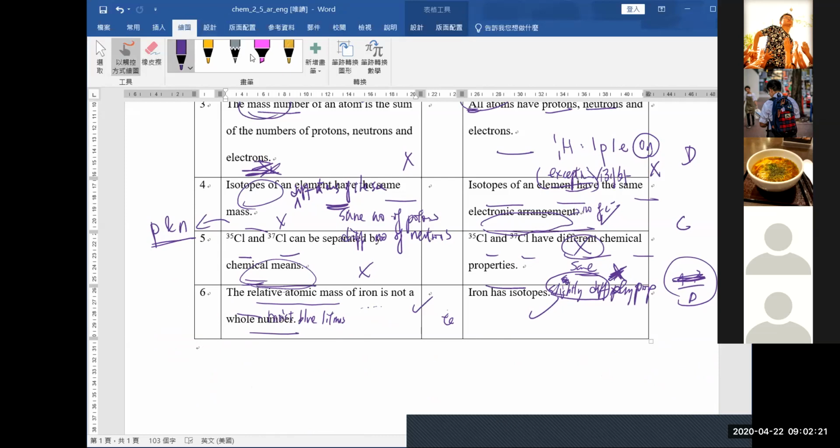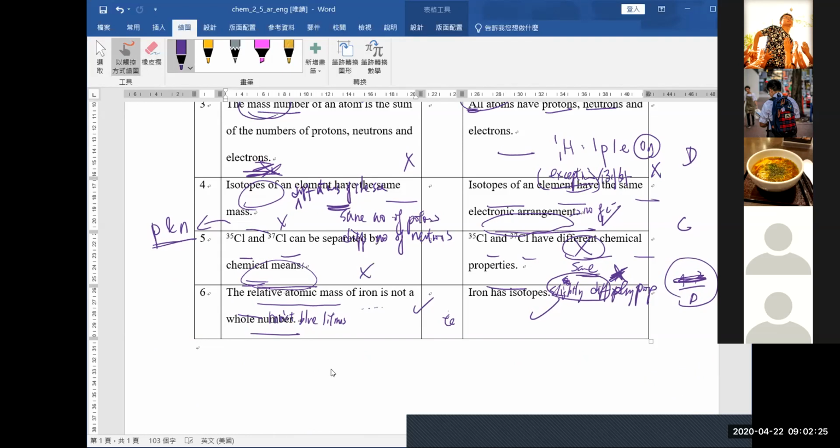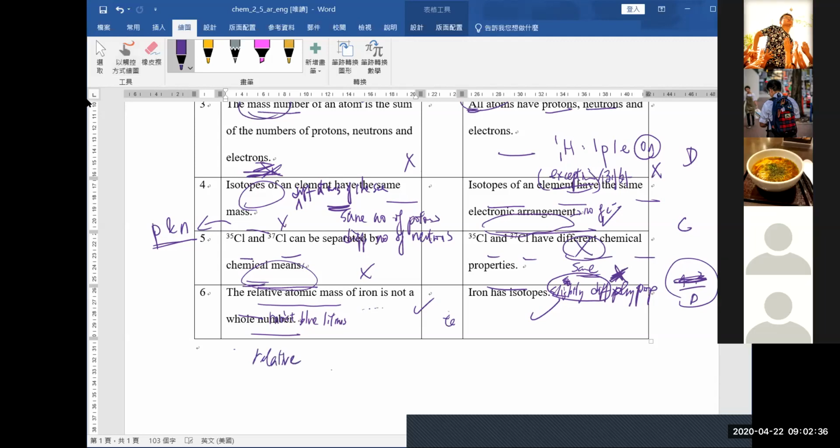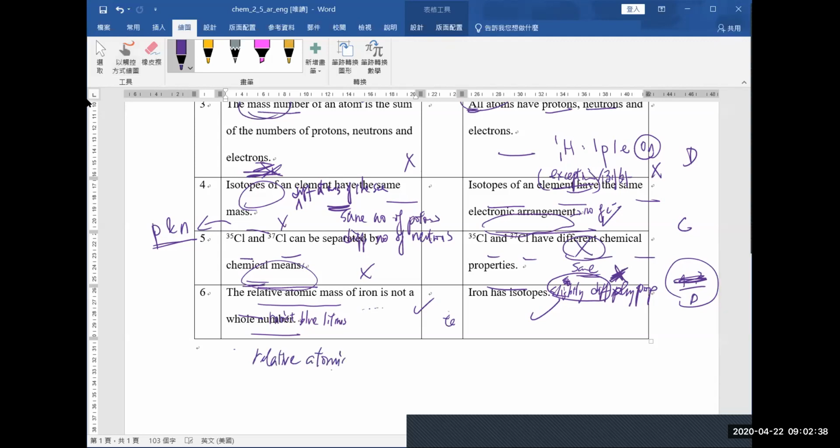Okay, so let me call your memory about that. What is that? We call that the relative atomic mass.